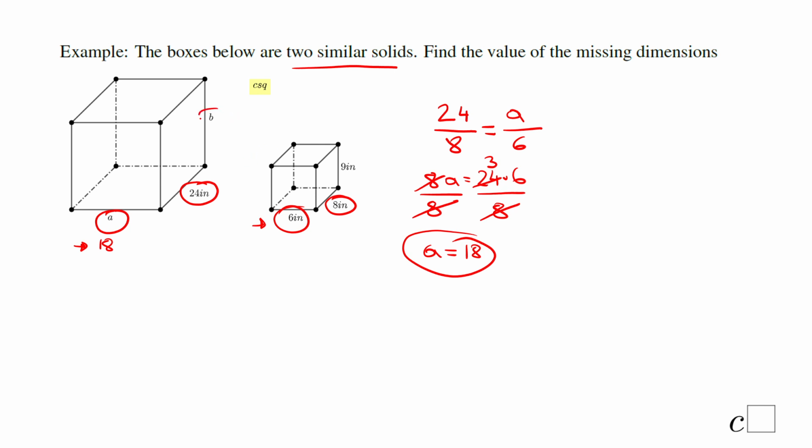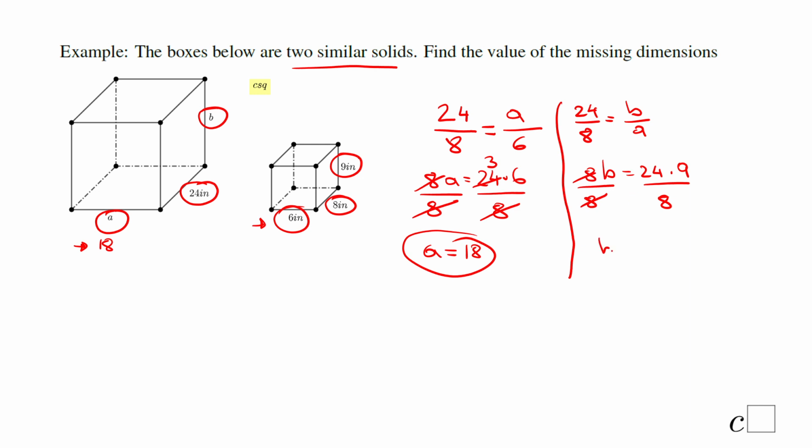For the B, I'm going to use the same pattern, the same way. I'm going to have the same 24 over 8 equals, now what? B over 9. So we're going to have 8B equals 24 times 9, divided by 8.